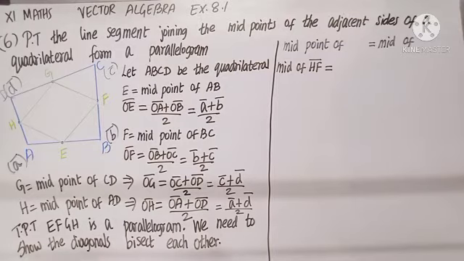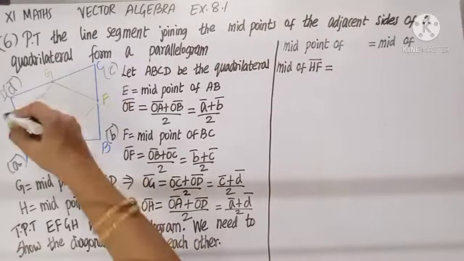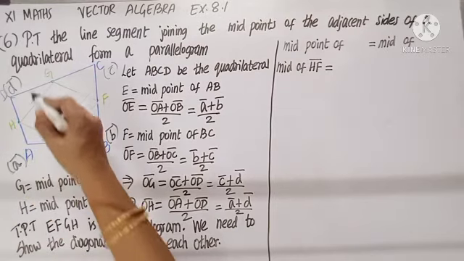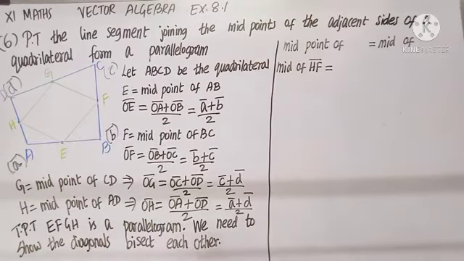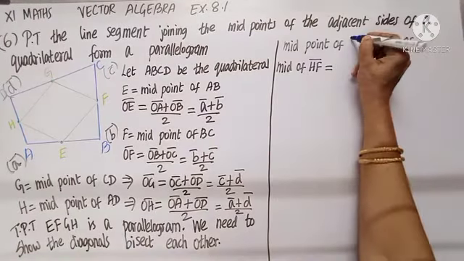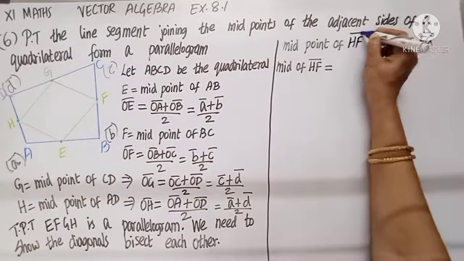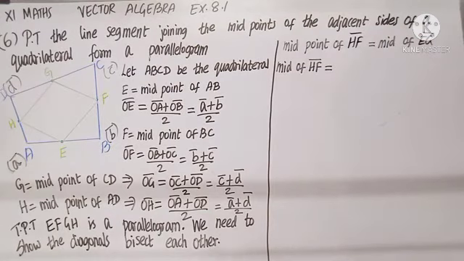What are the diagonals? EG and HF. So what I want to show is that the midpoint of HF and the midpoint of EG are equal.